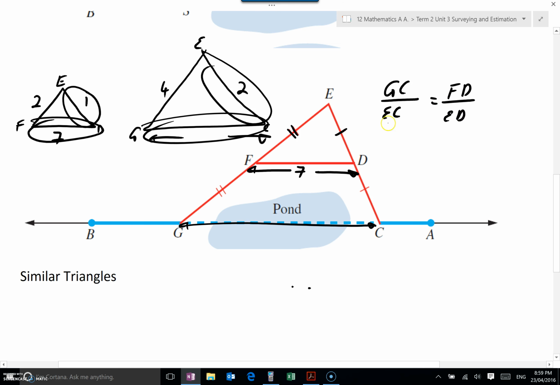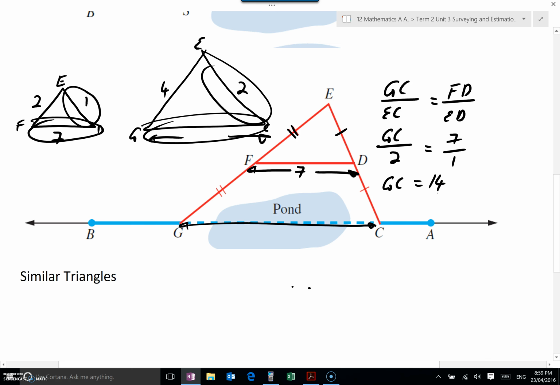Put in all the values. I don't know GC. EC is 2, and over here FD is 7 on 1. So you'd end up solving for that side GC and getting 14.